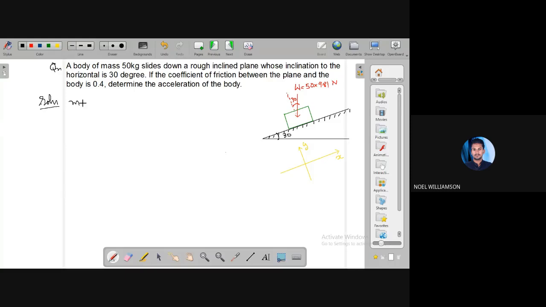Mass is 50 kg, so we get the value W as m into g, which is 50 into 9.81. Then mu is 0.4. These are the given values. When the body is moving downwards, the friction will be in the opposite direction. And so this is the friction.